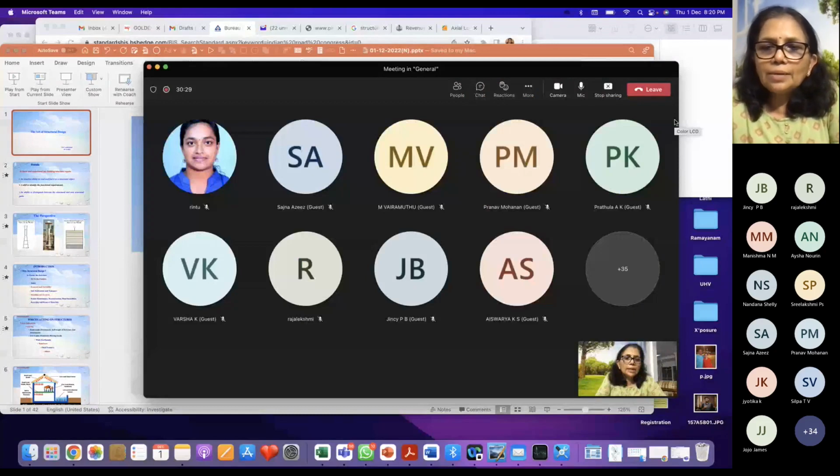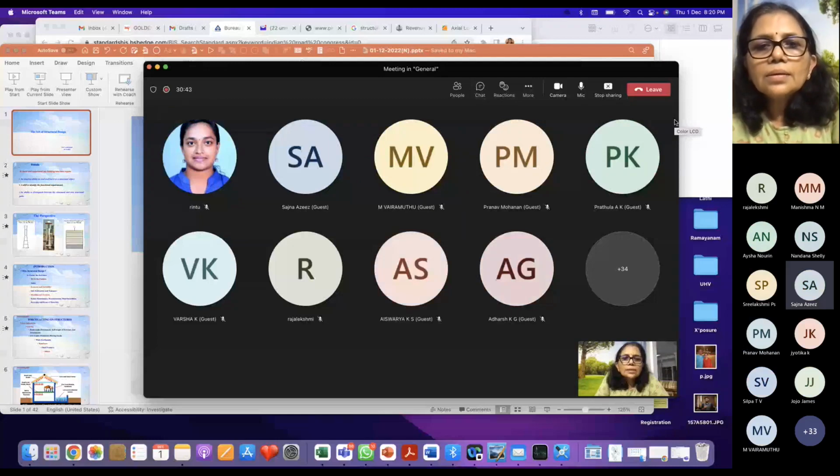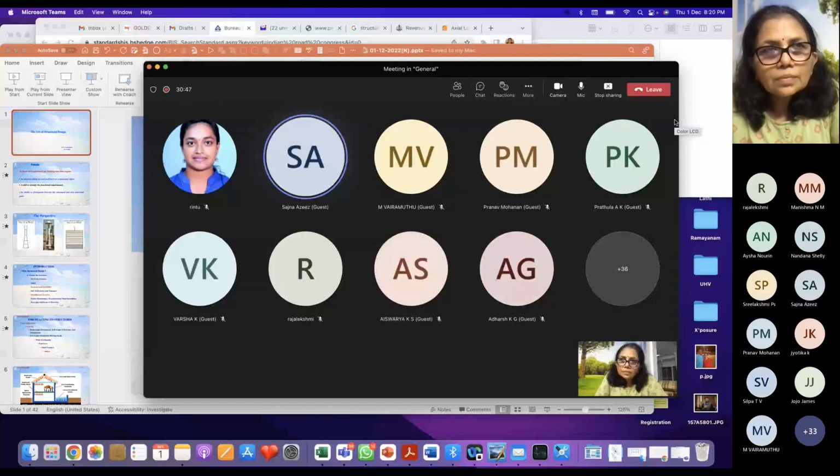Please unmute and tell me. We came across a cantilever beam, simply supported beam.